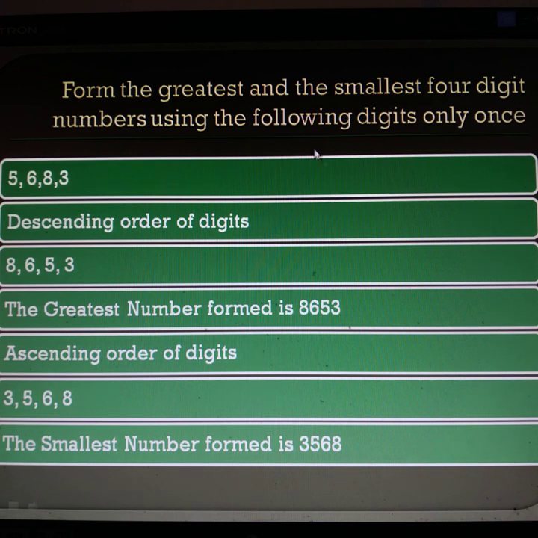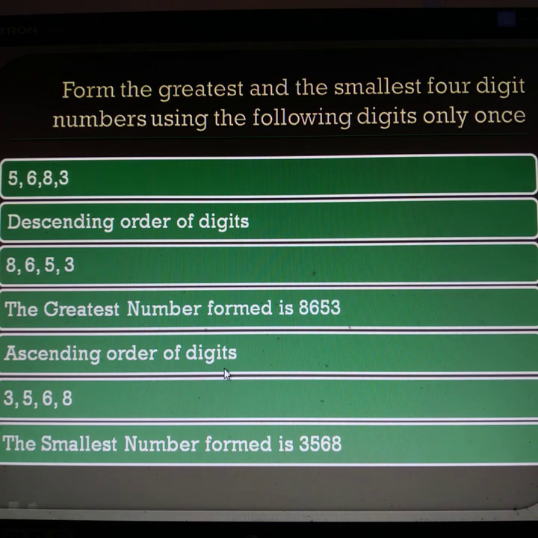Here you have seen that from the given digits 5, 6, 8, 3, we formed the greatest number and the smallest number. For forming the greatest number, we arranged the given digits in descending order, and so the greatest number formed is 8, 6, 5, 3.